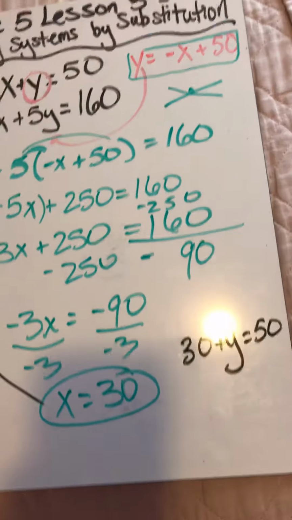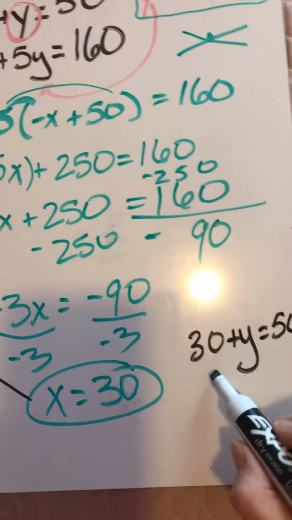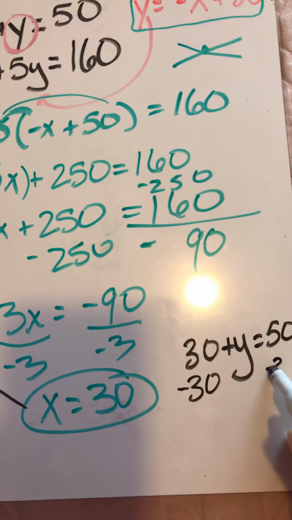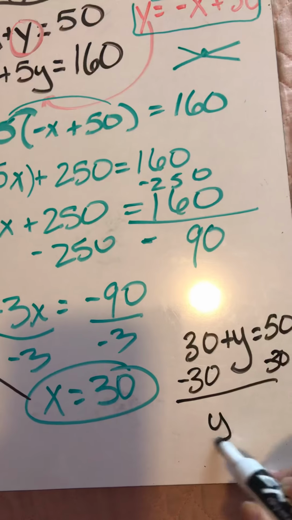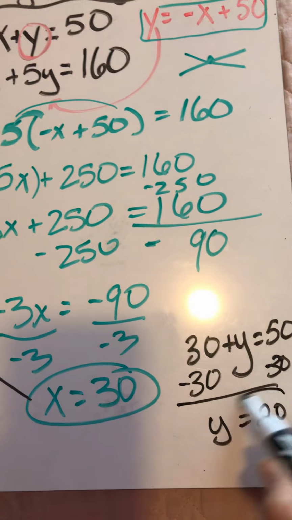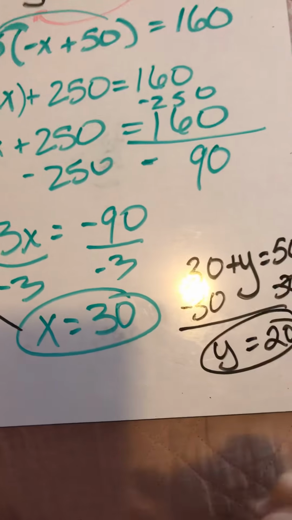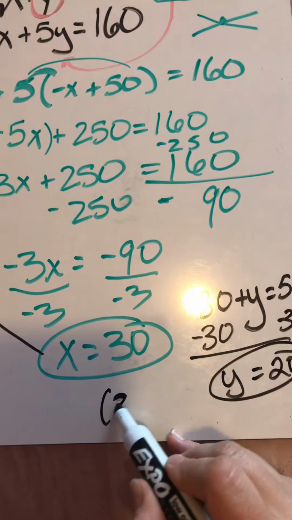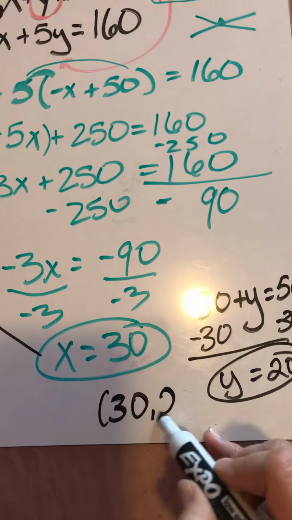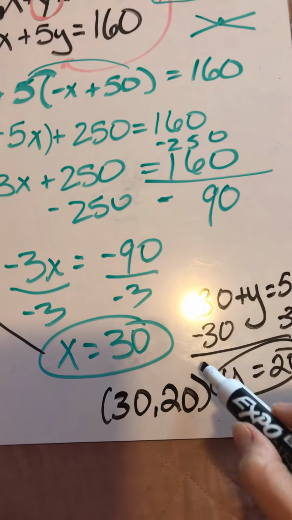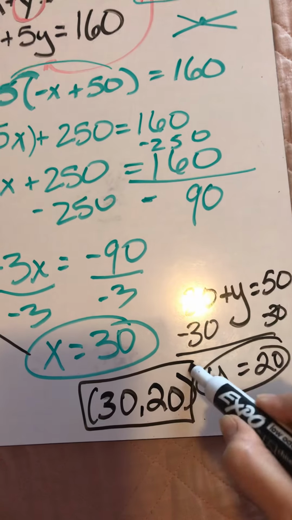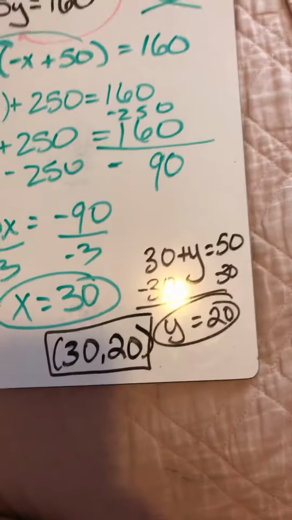Okay? 30 plus y equals 50. Subtract 30 from both sides, and our y equals 20. So now we take these two answers, and we get 30 and 20 as where those two lines meet.